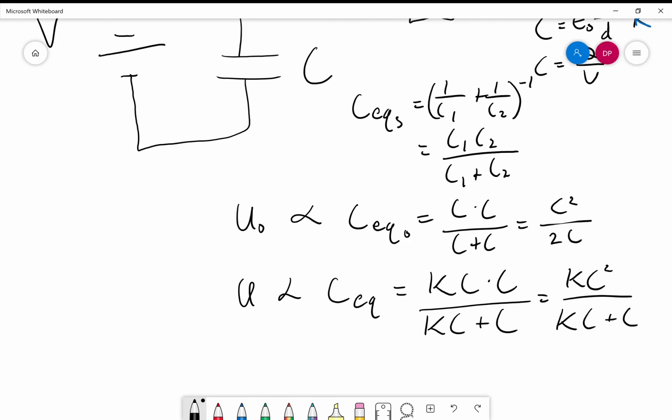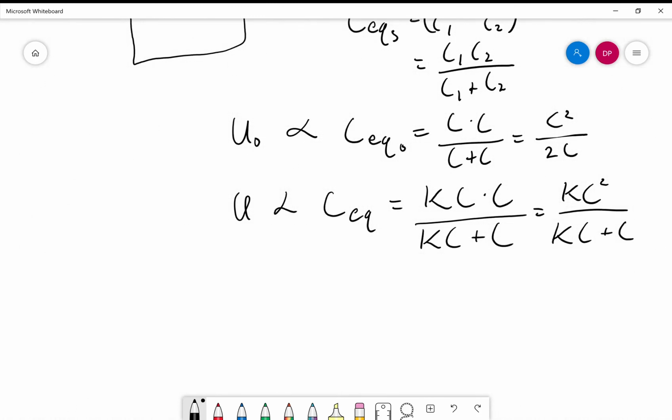Okay, so what now? We need to divide U by U naught, which is going to be proportional to, or really equal to, since they're proportional, C equivalent over C equivalent naught.